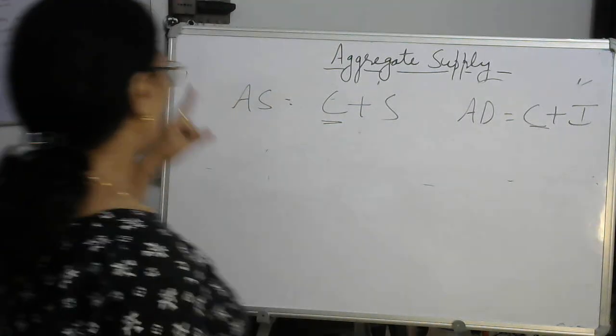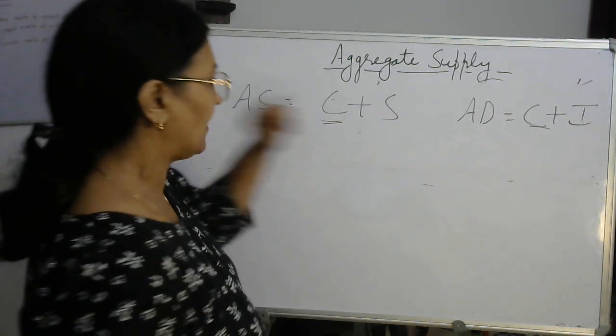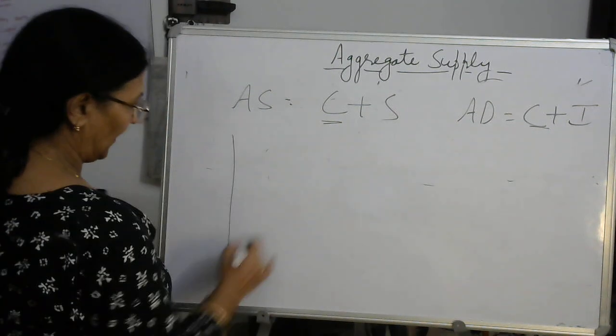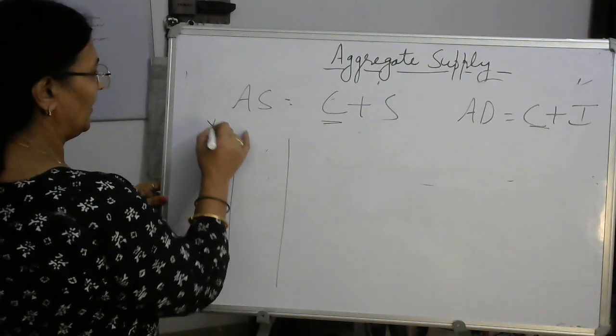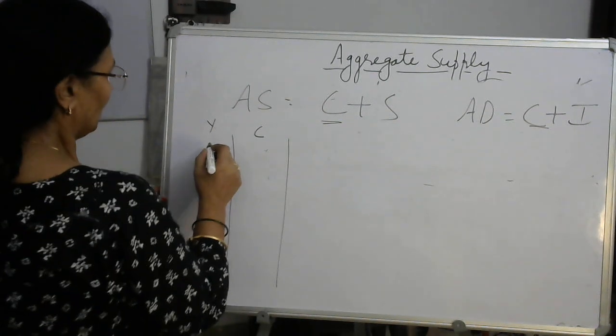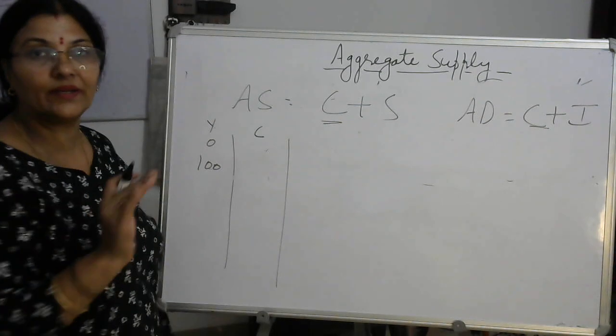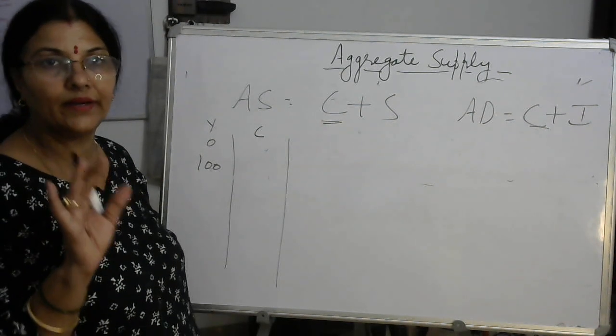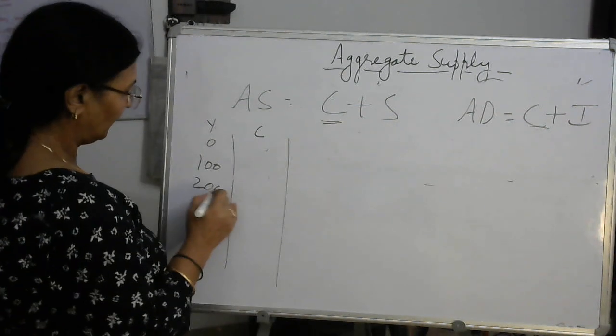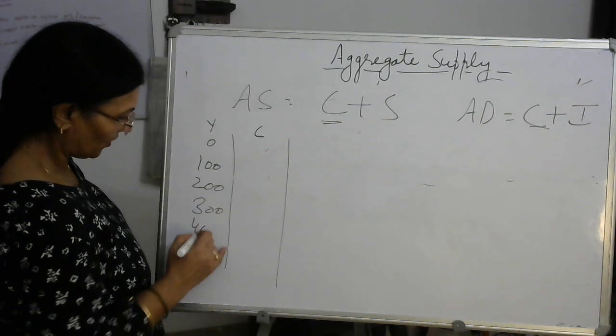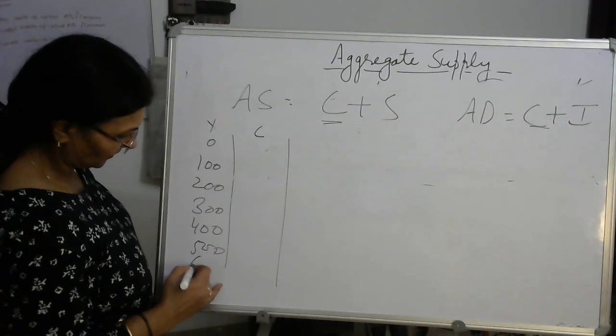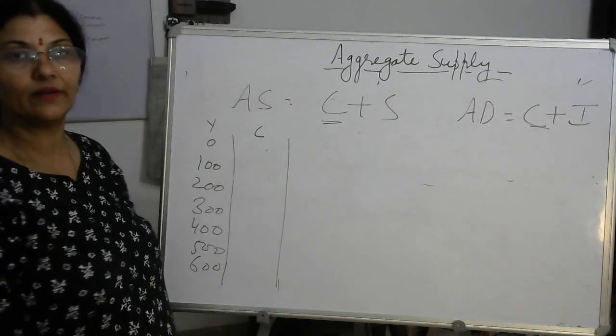Understood? So AS, which is C plus S, if in a table we draw Y, C, right, 0, 100, here I am increasing the income by 100 crores, 200, 300, 400, 500, 600. This is Y, right.